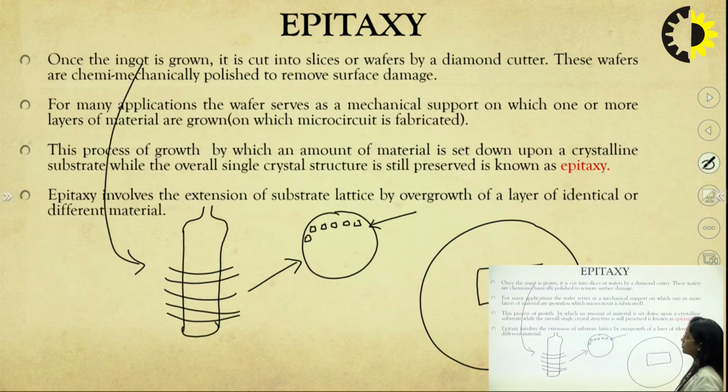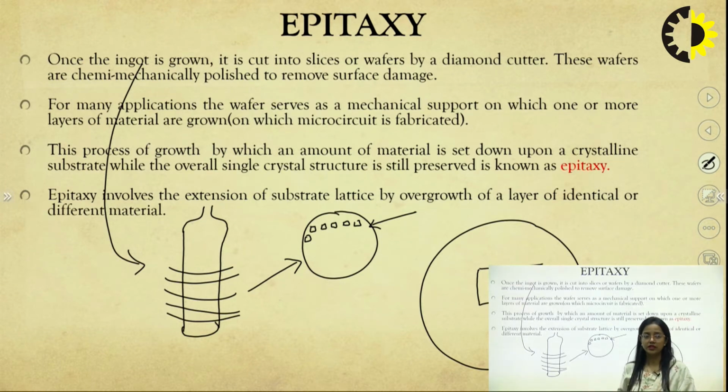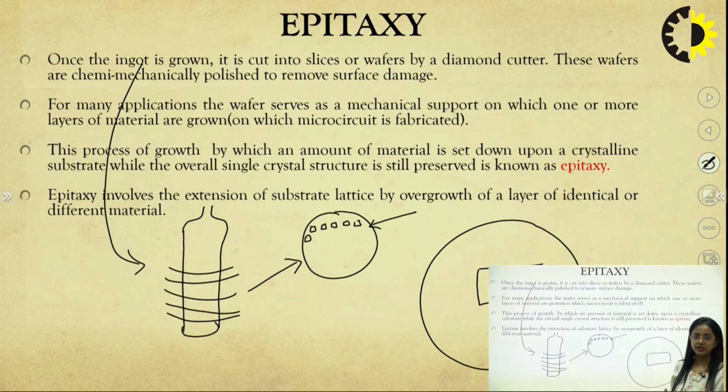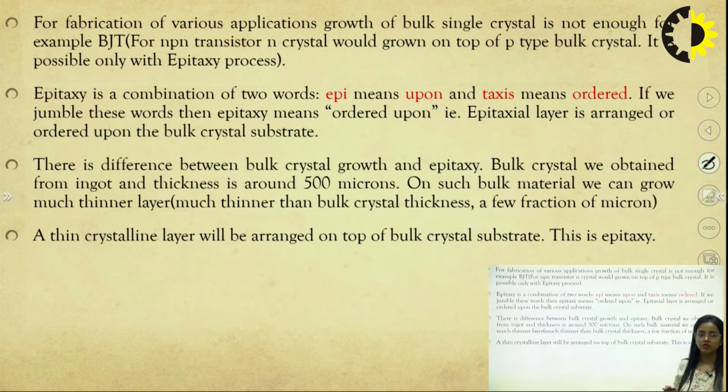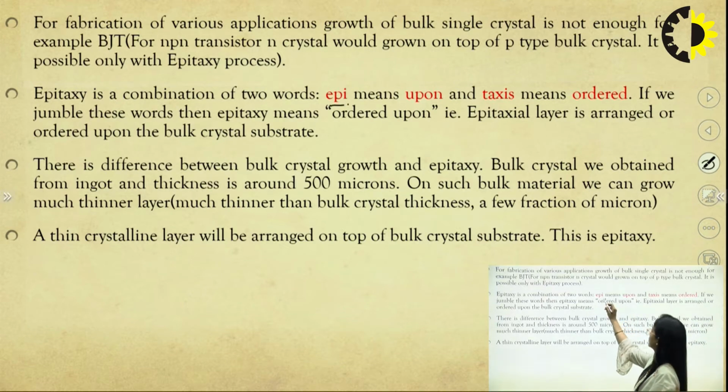For many applications, the wafer serves as a mechanical support on which one or more layers of material are grown. The process of growth by which material is set down upon the crystal while the overall single crystal structure is still preserved is known as epitaxy. The word epitaxy comes from epi, meaning upon, and taxis, meaning ordered.